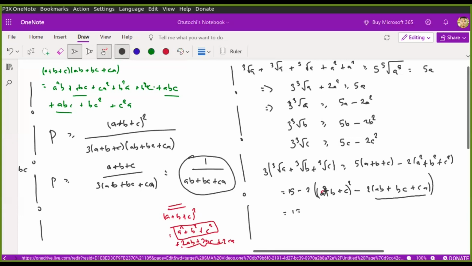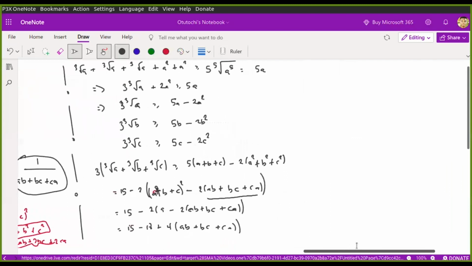So we have this equal to 15 minus 2 times 3 squared, which is 9, minus 2(AB plus BC plus CA), right? And this is equal to 15 minus 18, of course, minus 4(AB plus BC plus CA).